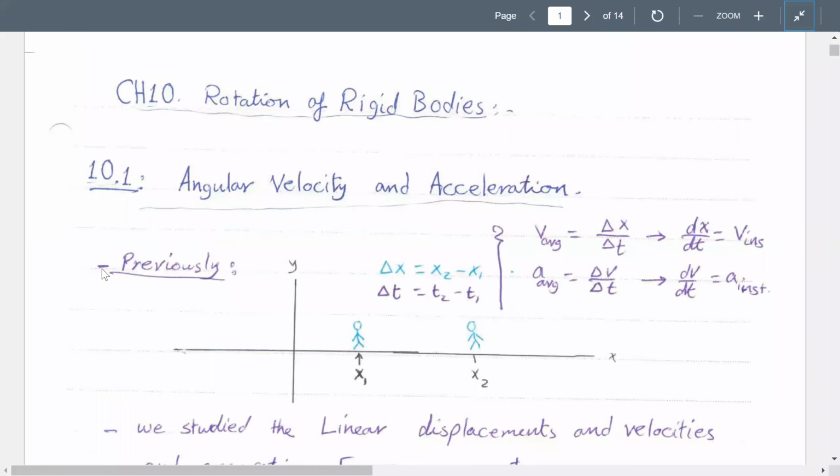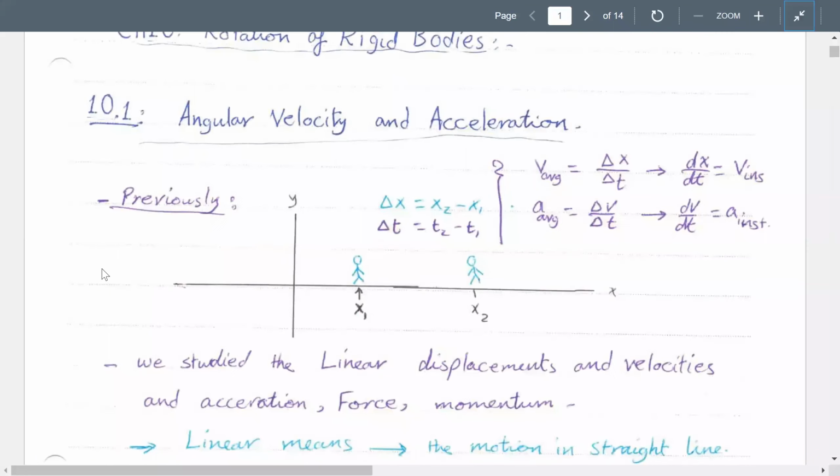We know from before the linear motion. Previously, we know that if there is a person at x1 at t1, then he moves and changes his position to x2 during a time, then we have a change in position delta x and a change in time delta t, and then we can compute, for example, the average velocity or the instantaneous velocity.